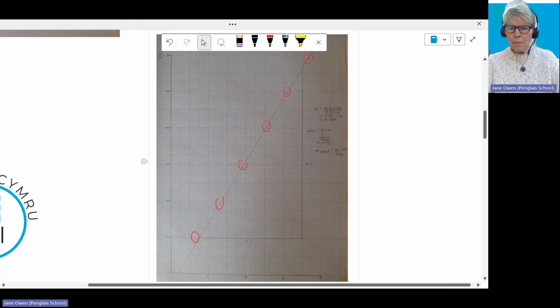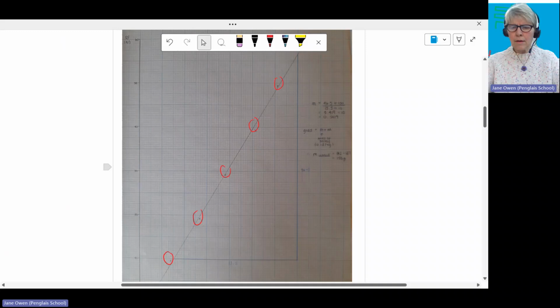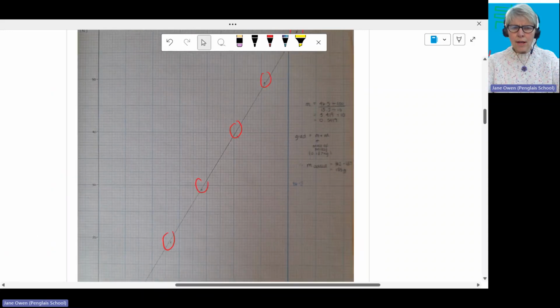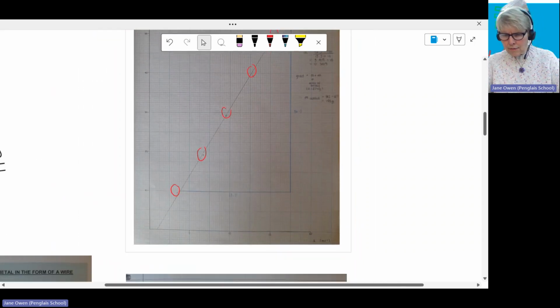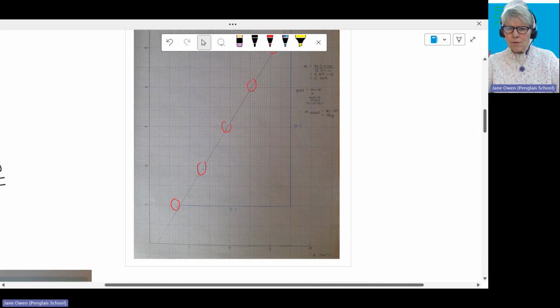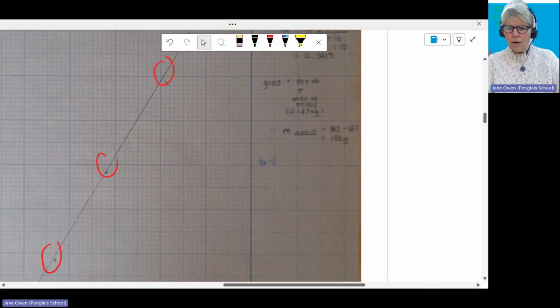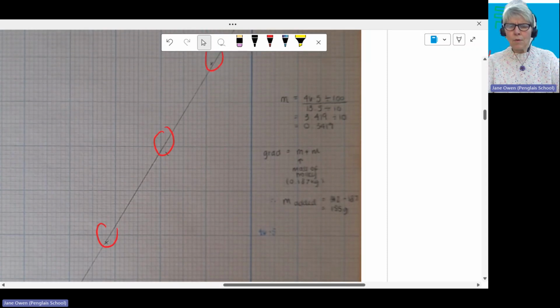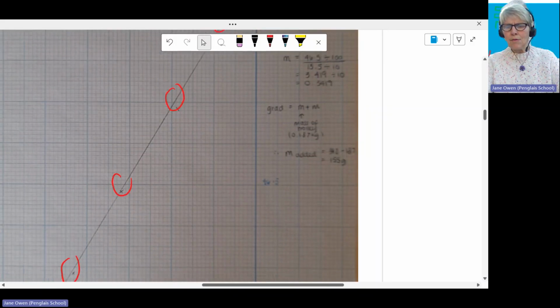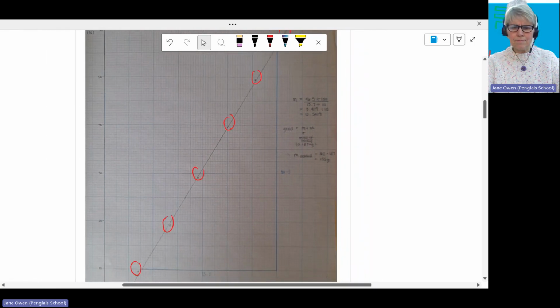We've taken a really big triangle to calculate our gradient m and to take into account any scale powers of 10 to get a final mass. They've got their 0.187 by taking the 2 dy by dx, and then take away the mass added from that to get the total mass of the rider.